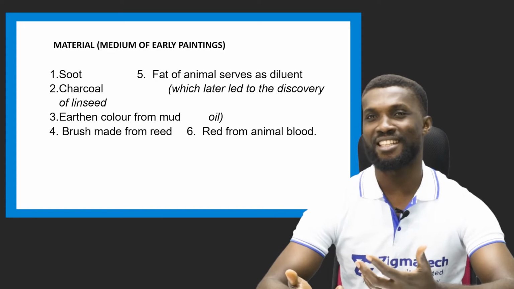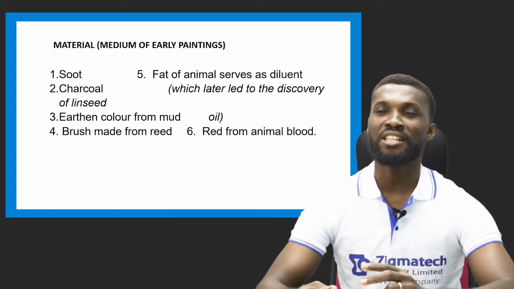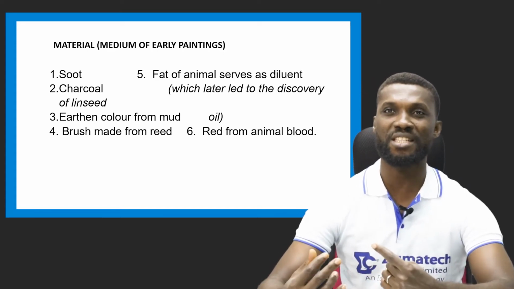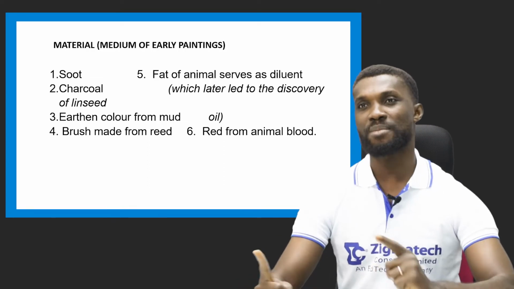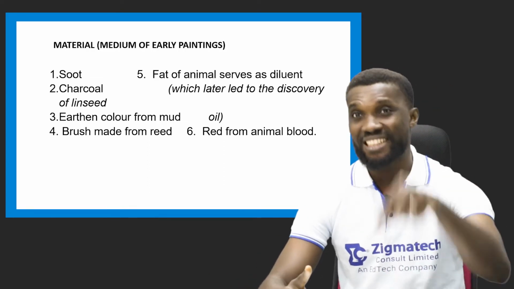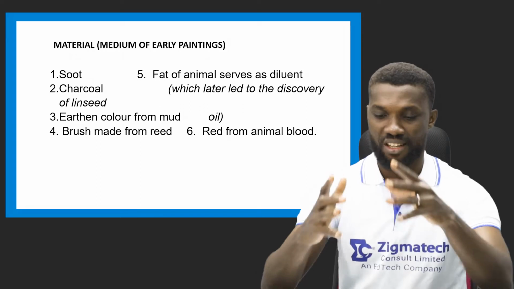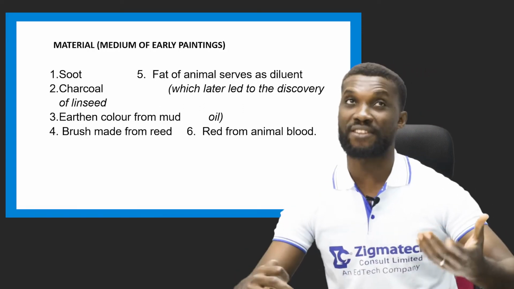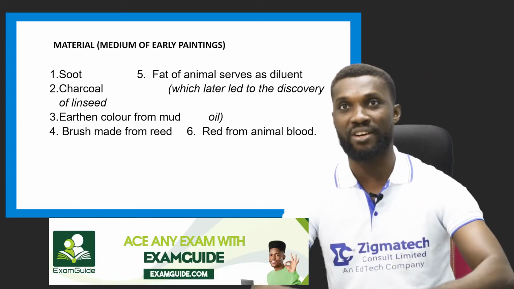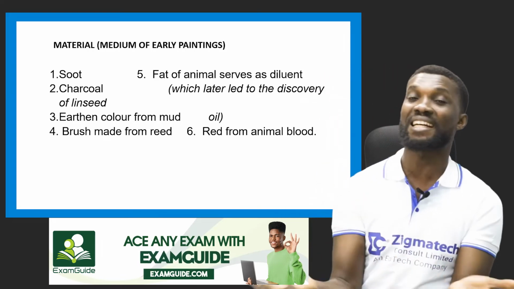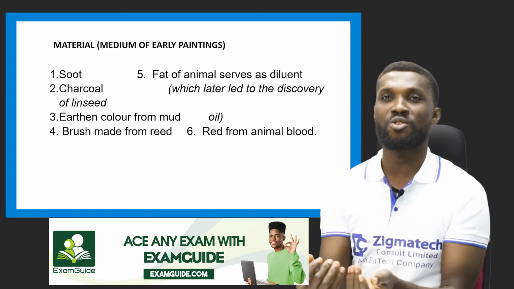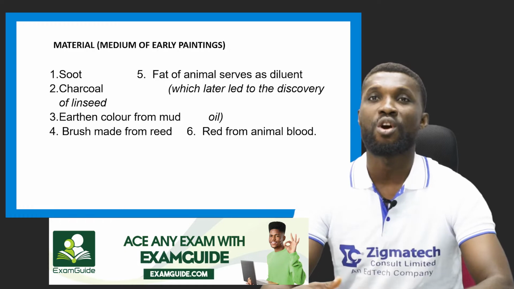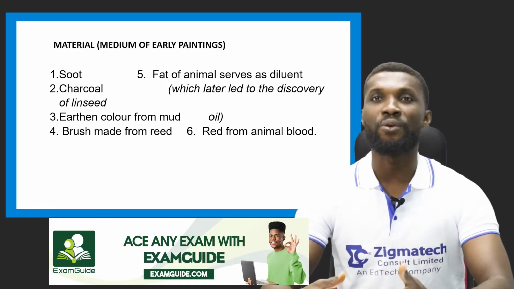In those days, when there was a thunderstorm, sometimes the thunder struck trees and set them on fire. After the fire was off, these early men could go there, gather the charcoal and the soot, and use it for painting.